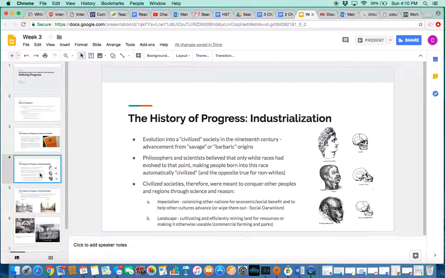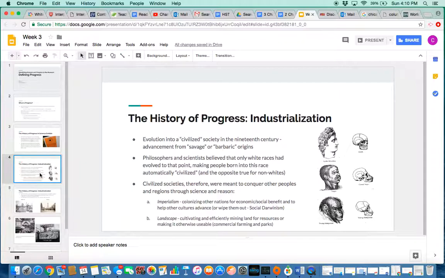But also in some cases, when we look at the social Darwinists, that also meant wiping out certain races of people, as was our right as a more advanced civilization, the concept of survival of the fittest. So imperialistic actions became justified by science and reason and as part of a goal of progress.